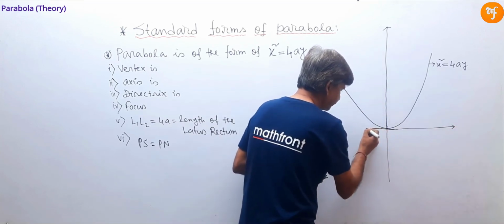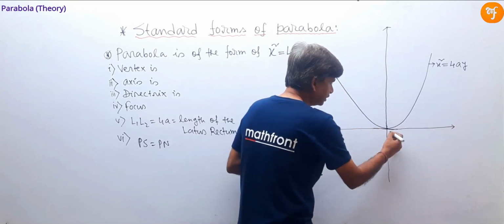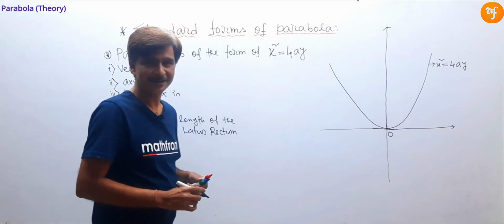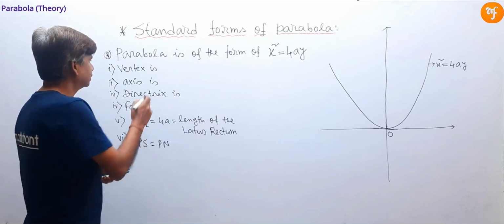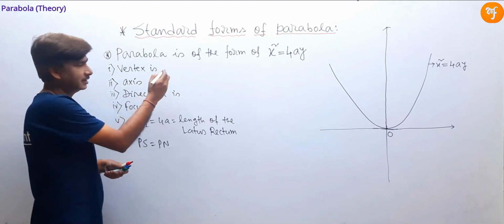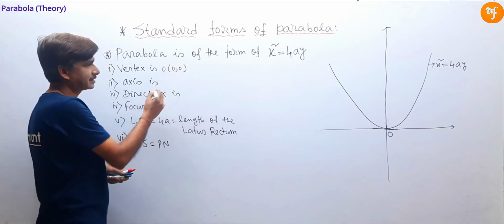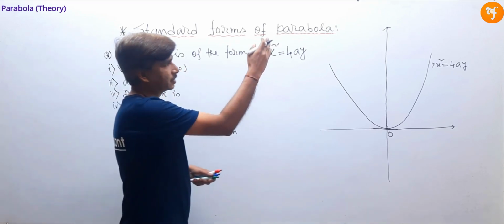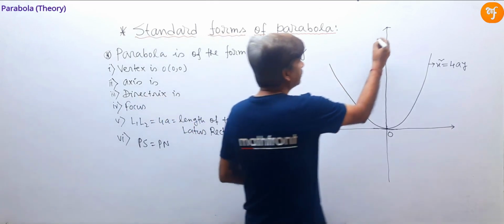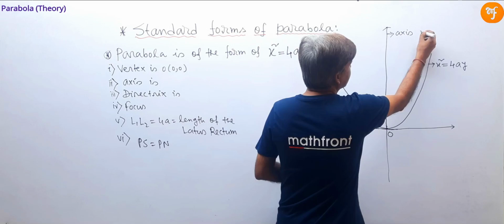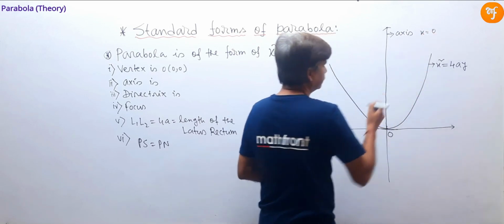Okay, clear? So the vertex is at the origin. So just write vertex is at origin here also, and the axis is the positive direction of the y-axis, and you know very well the axis has equation here x is equal to 0.